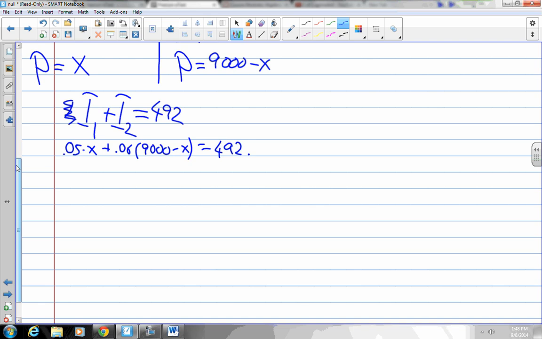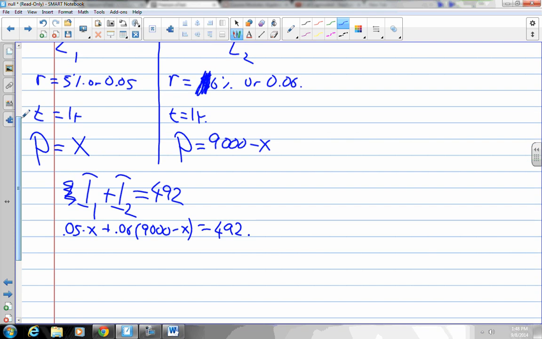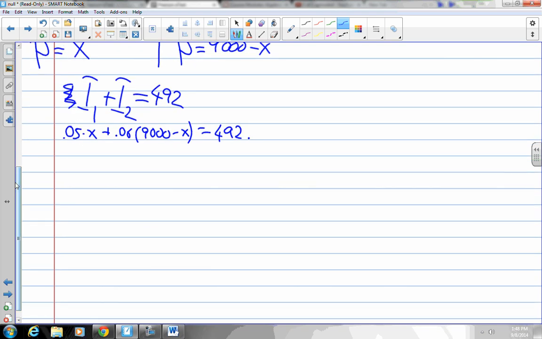Does that make sense? So we separated the problem into two pieces. We computed the interest for each loan separately. We knew the sum was 492. So we can go ahead and solve this equation. It's a linear equation, should be easy to do. So let's try that. It's 0.05x plus 540, and minus 0.06x equals 492.